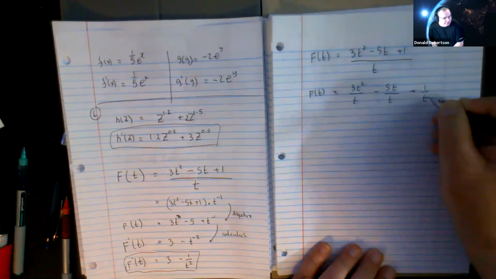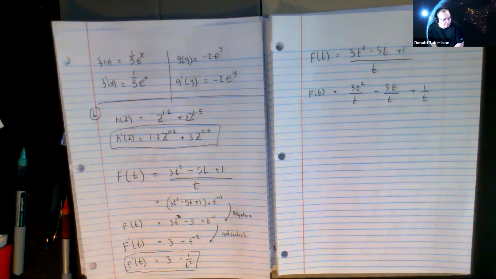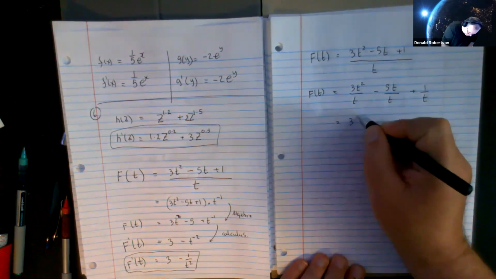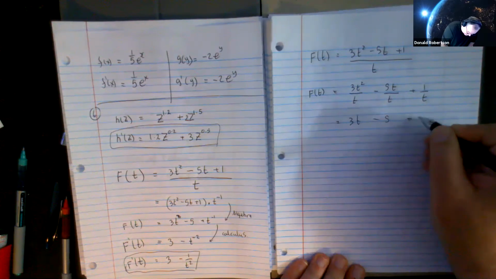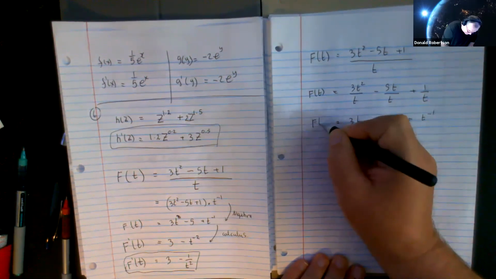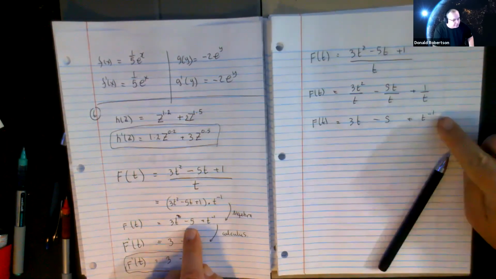Were any of you thinking that maybe you could just split it into 3 fractions? And then if you simplify each fraction, and this fellow you turn into a negative power, do you see you get to the same place?